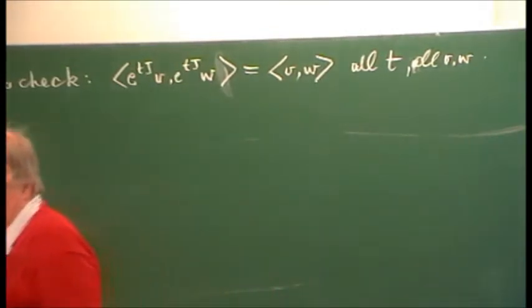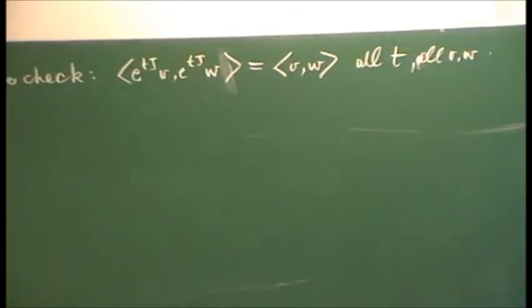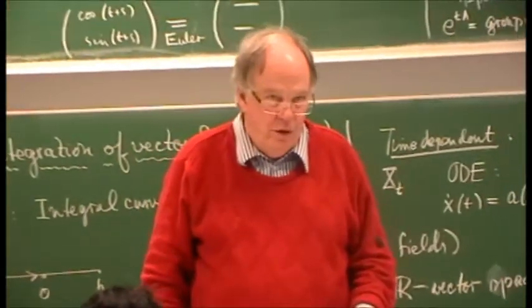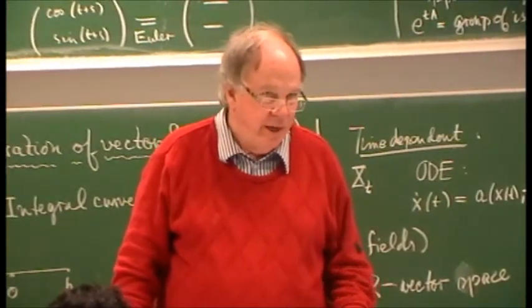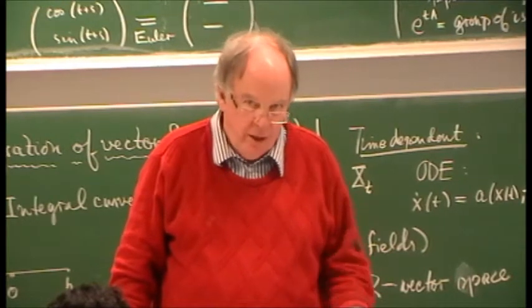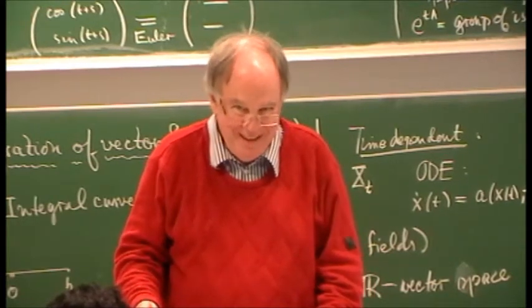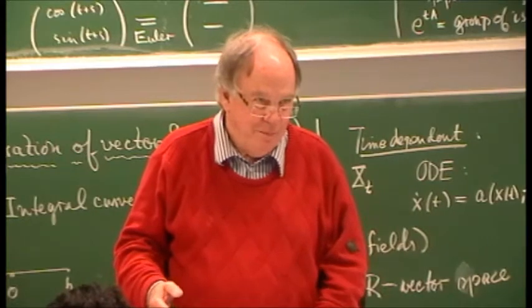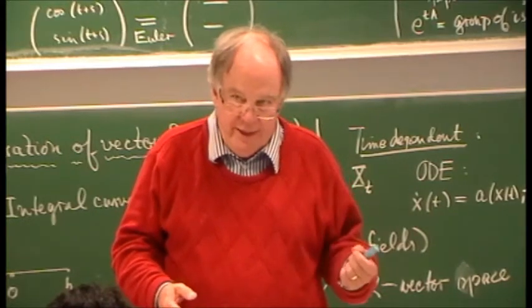Okay. Well, that's a horrible thing to check. The first thing you should do, friends of mine say, in mathematics, an equation is a left-hand side and a right-hand side. You should make this observation. Left-hand side, right-hand side. The left-hand side is constant.